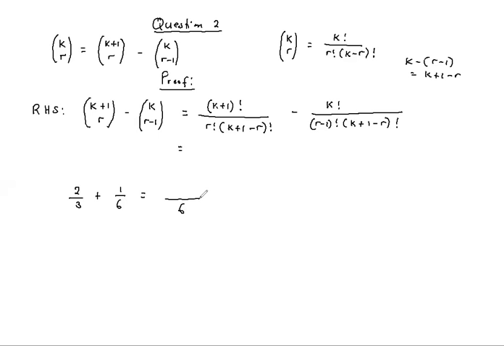This is because 3 can go in 6, and also 6 can go in 6. What this means is that between k plus 1 minus r factorial and k plus 1 minus r factorial, here we have no debate because they are the same. So our denominator will automatically have the part k plus 1 minus r factorial.